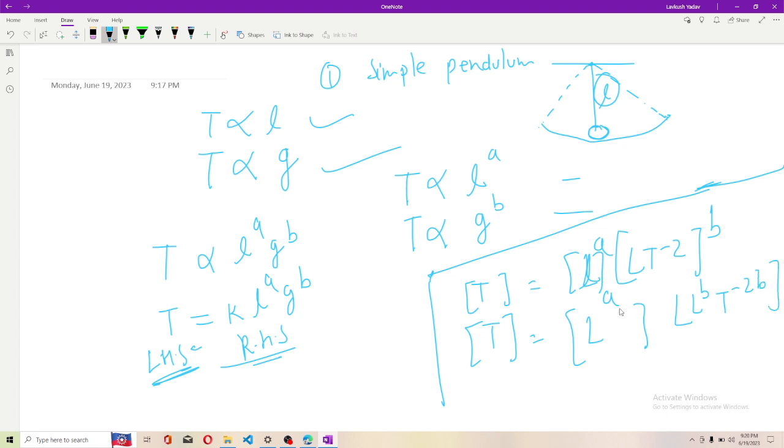Now A and B will be combined, so dimensions of T equal L raised to A plus B, and T raised to minus 2B.